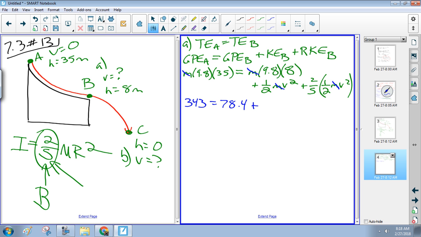Plus half of v squared is 0.5 v squared. 2/5 times 1/2. 2/5 is 0.4. Half of that would be 0.2. Cool? You guys are ominously quiet. Are we pretty cool? Okay, so look, we got 0.5 v squared plus 0.2 v squared. That's 0.7 v squared, right?